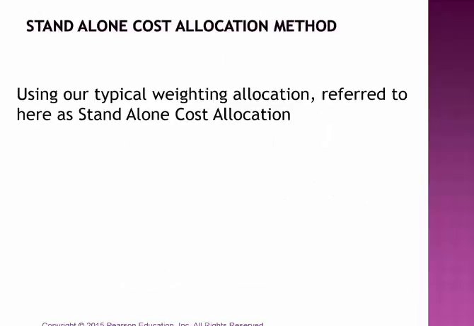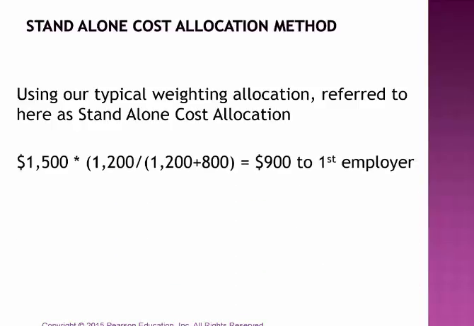Using our typical weighting allocation that we have seen numerous times now, we can take the actual ticket price of $1,500 and multiply that times the weight for the first employer, which is $1,200 over $2,000, which gives us a percentage.